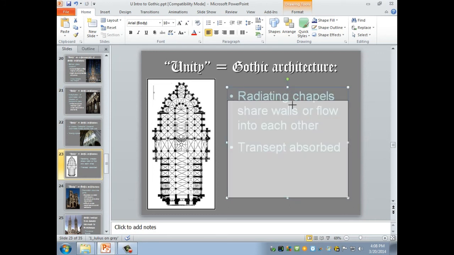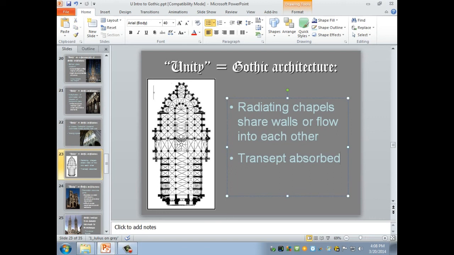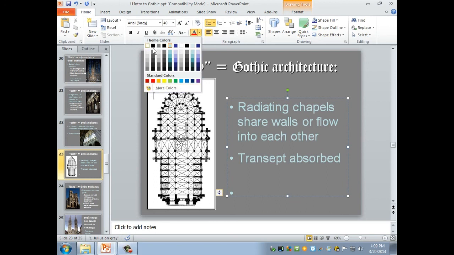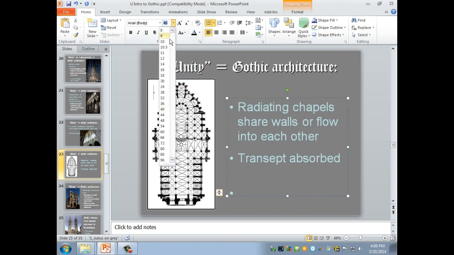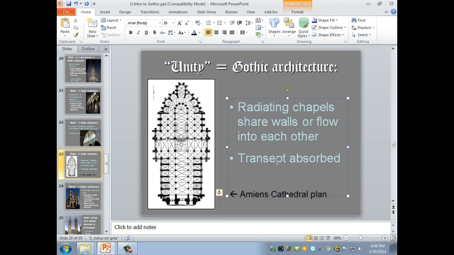Now, one other thing I want to make clear, because I find this fascinating. We talk about Gothic architecture as this new architectural style, and it is. But the elements don't spring from nowhere. We can usually find in different Romanesque buildings the beginnings of these elements that become Gothic.